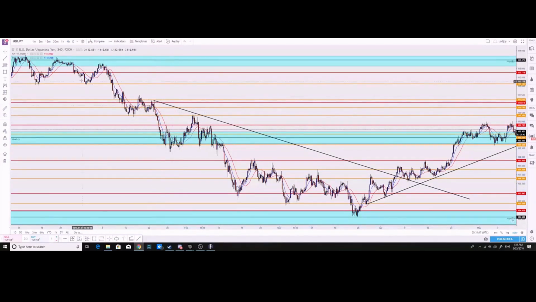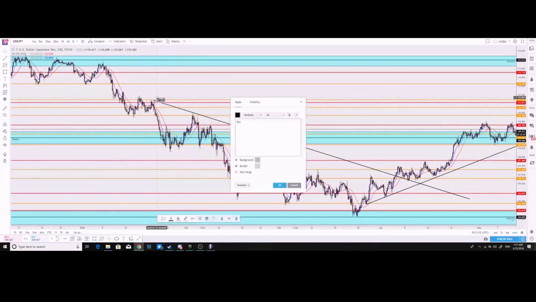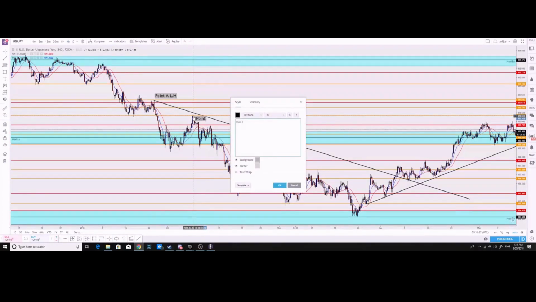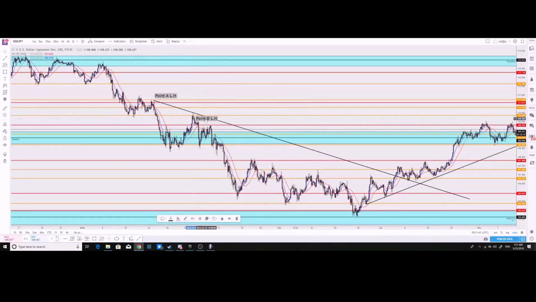So on a downtrend, it has to be from lower high point to lower high point. So here's a lower high point. This is my point A. This is on a downtrend, by the way. That's my point A. And then my point B is another lower high point. There's another lower high point right here.